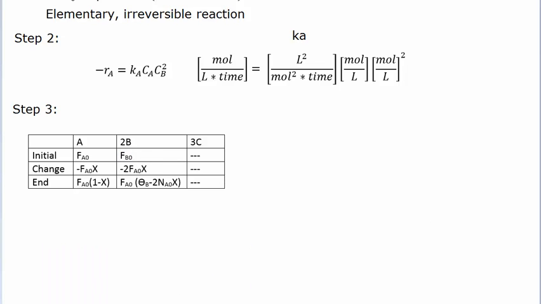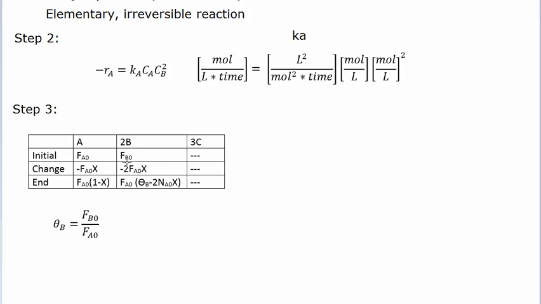Okay, let's describe what this theta thing is about, because this is a little different. So theta is described as the ratio of F, the initial molar flow rate of B, over the initial molar flow rate of A. And the reason we want to do that is it pretty much allows us to write the flow rate out of the vessel in the same way that we wrote it for A. So just as we have FA naught times some quantity expressed in conversion, we have the same thing going on here, where we have FA naught times some quantity in conversion.